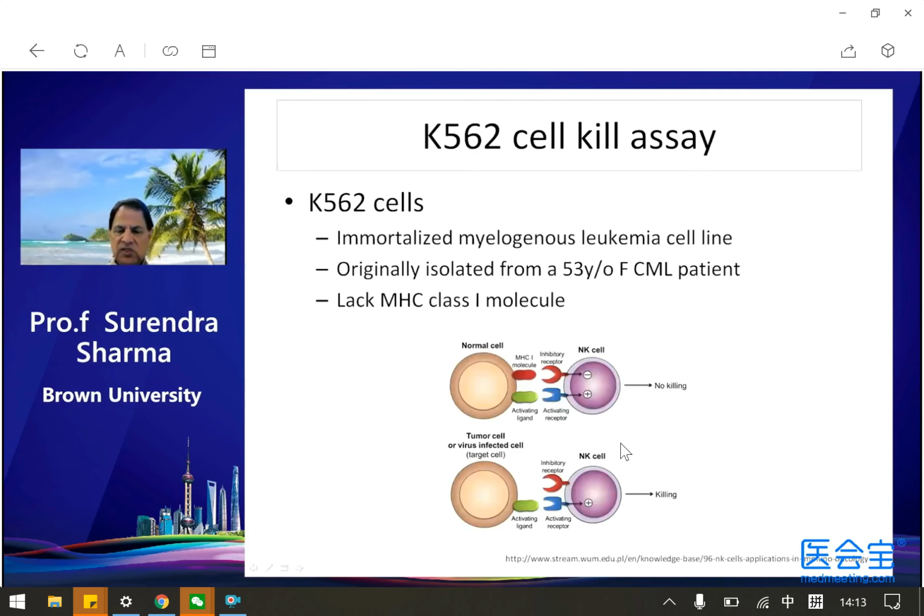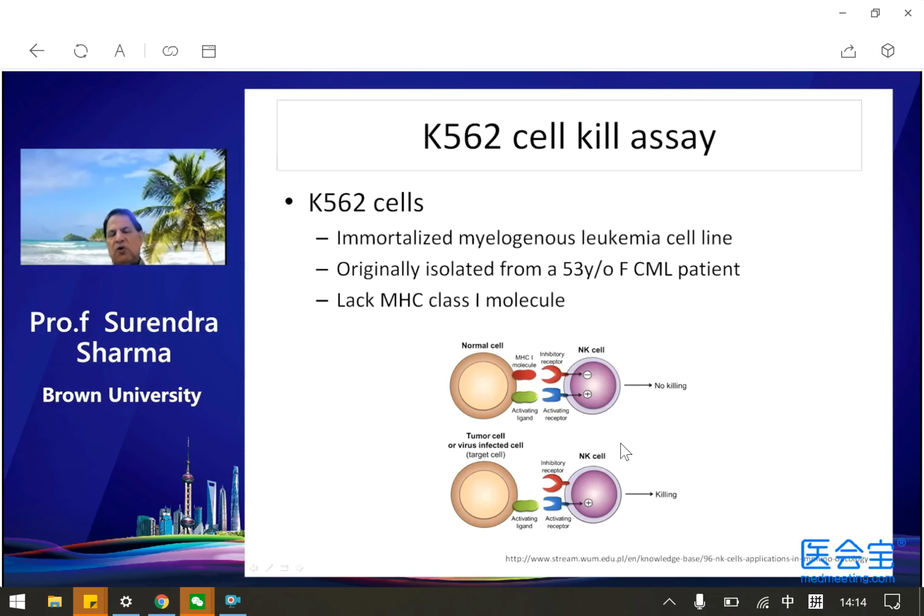So this basically tells you that if the class 1 molecule and the NCR on NK cells interact with each other, that leads to no killing, whereas if there's no interaction between class 1 molecule and NCR on NK cells, that leads to killing. If you don't have class 1 molecule there, that leads to killing.